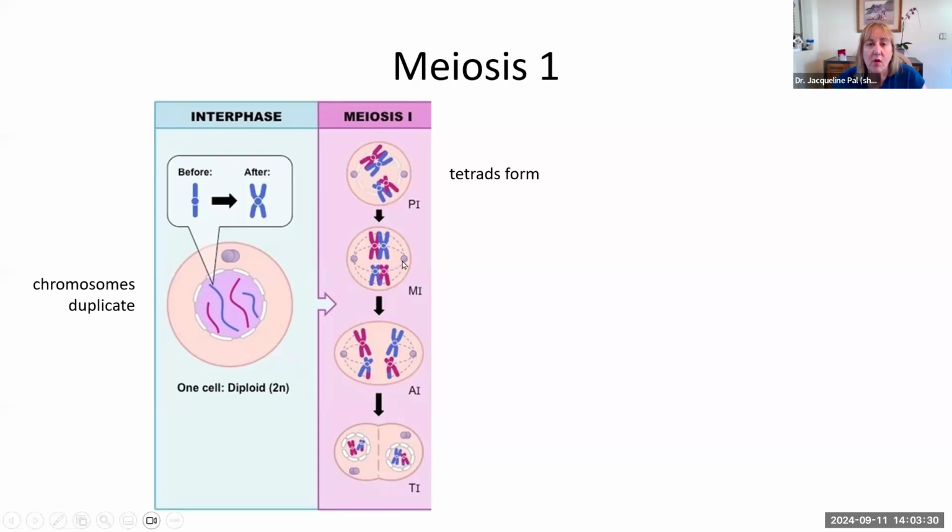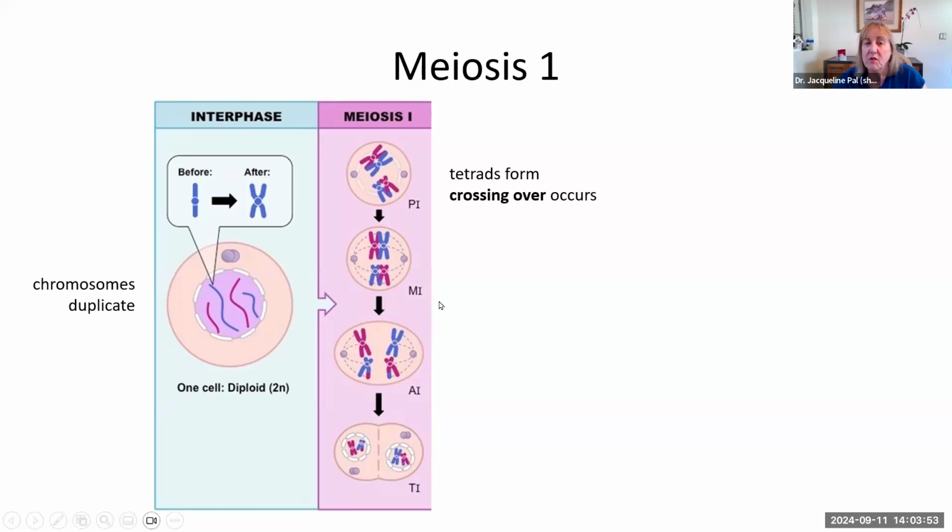And they are going to be doing the crossing over. And so now we are going to be seeing evidence of the crossing over for the rest of meiosis. So remember, tetrads form in prophase 1, and this is where the crossing over occurs.